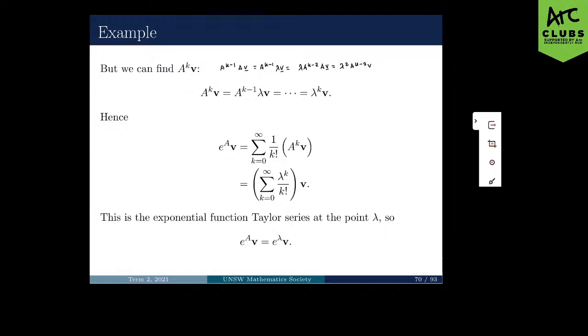I'm skipping a whole bunch of steps, but you get the point. So we get lambda to the power of k times v.